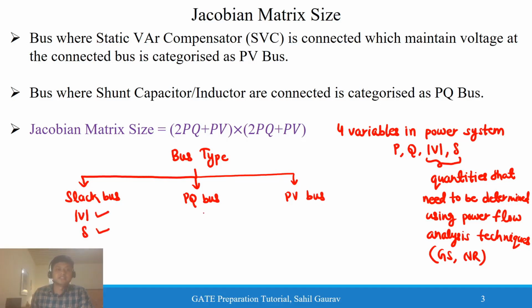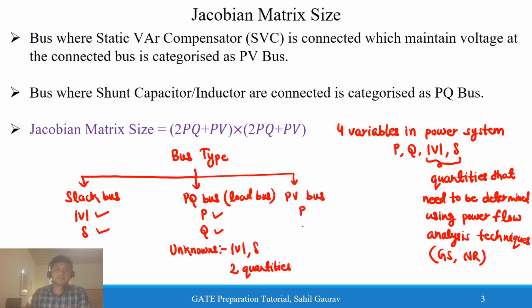In the PQ bus, which is also the load bus, P and Q are both known. So the unknown quantities are V and delta, two quantities. And in the PV bus, P and V are known.